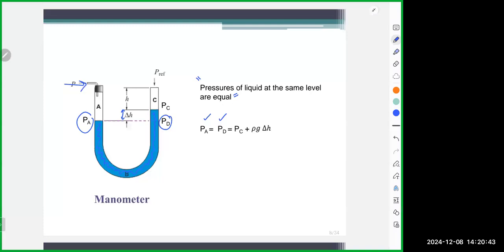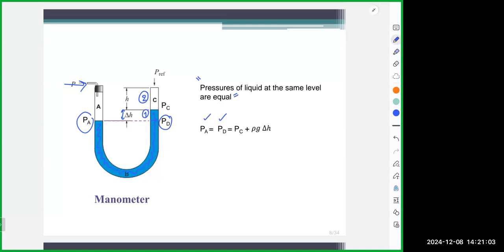So if you consider point D, there would be two factors pressing on point D. The first one here is the gauge pressure. The second one here is the reference pressure.